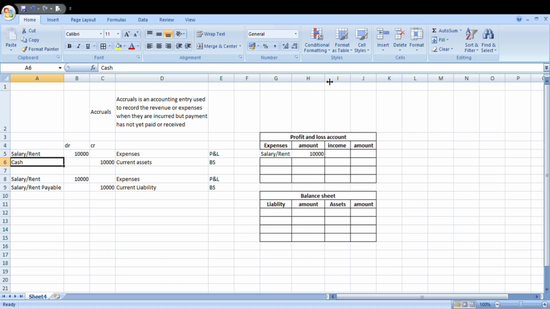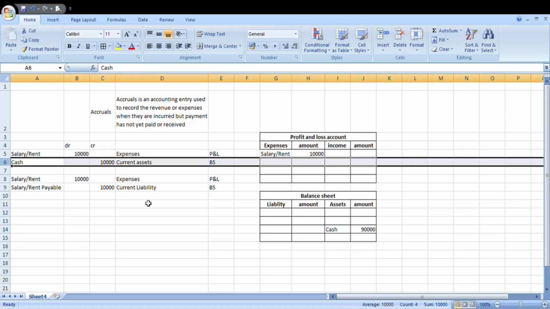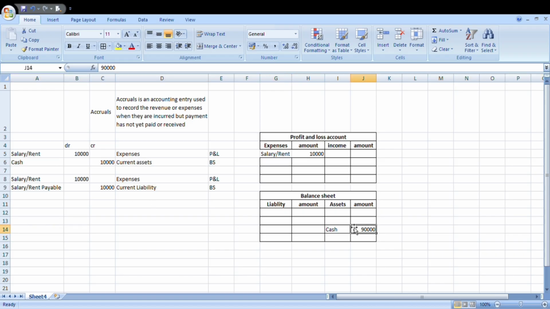And this is cash. Cash means current asset, balance sheet. Asset side. If you have 90,000 cash balance in hand and you paid the rent or salary in cash, then cash will decrease by 10k.